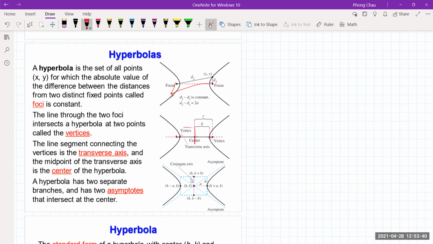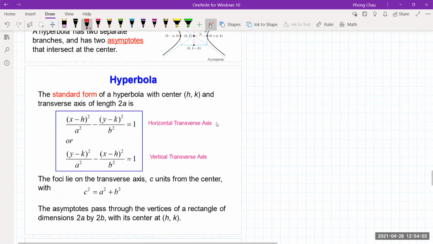Now, what are the equations of the hyperbola? Well, if we define A as the distance from center to vertex, and C as the distance from the center to the focus, where now C is bigger than A, then we have the following standard form.